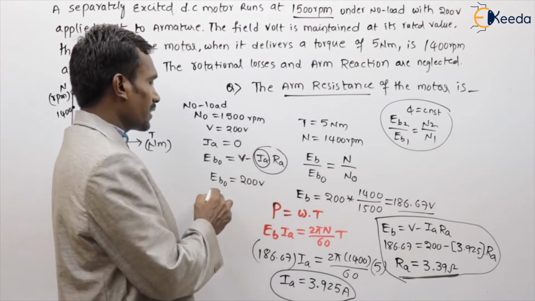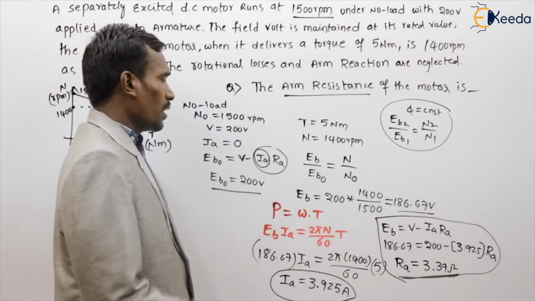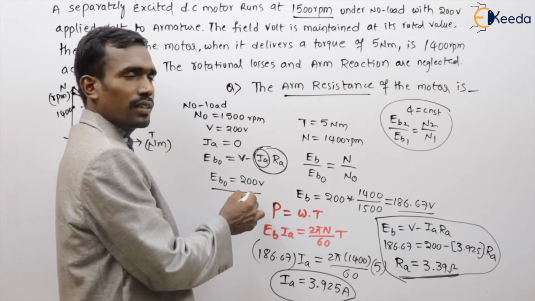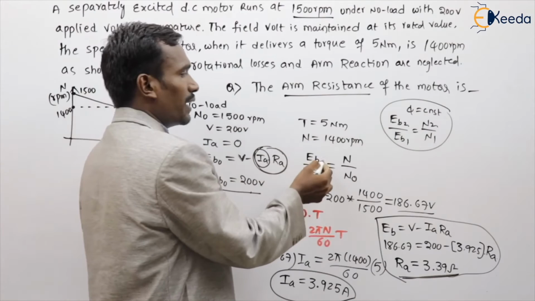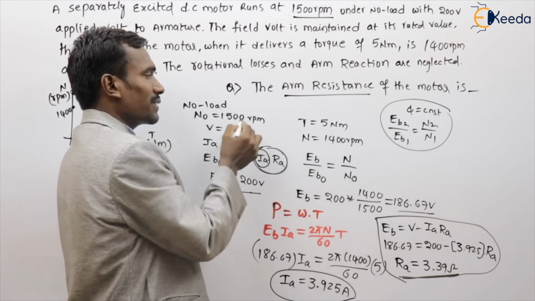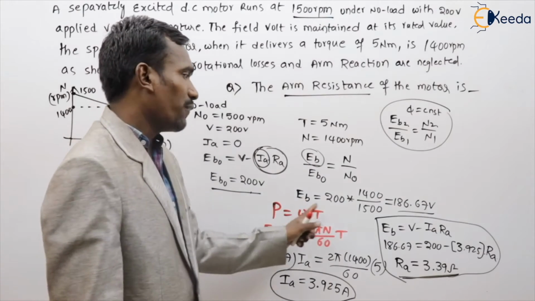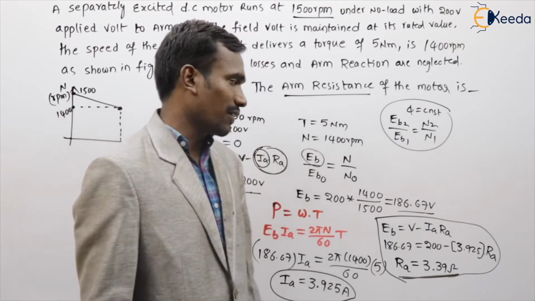For that, I calculated EB naught at no load. At no load, IA is equal to 0, so EB naught is equal to V. Then from the torque and speed, EB we have to find out. I found this 186.67.